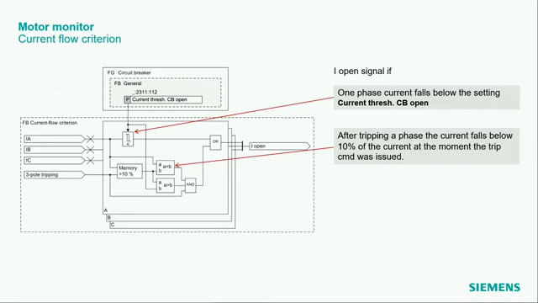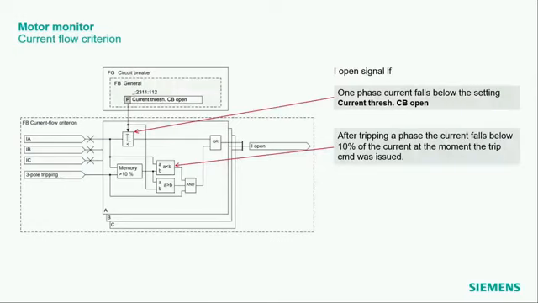Then we've built in a second functionality. This is when you switch off a fault, then you might still have a current which is relatively high, maybe higher than this threshold. So, not to delay this information that the circuit breaker is open, there is a second part of the logic, and it just checks if the current has dropped below 10% of the current when this tripping command was issued.